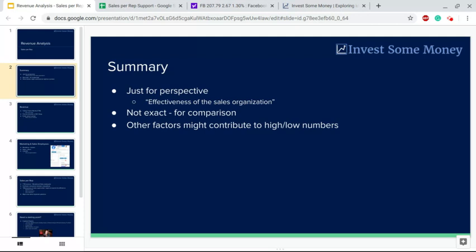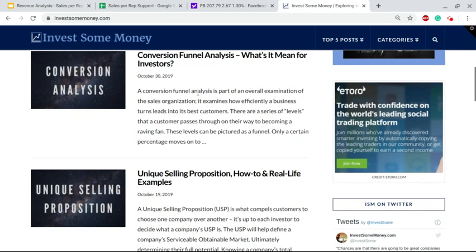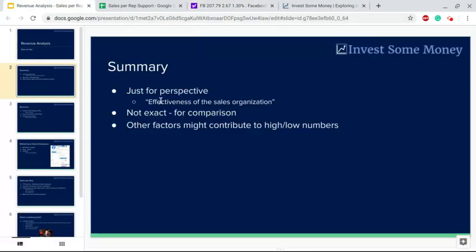But from the sales growth, the sales target, looking at conversion analysis, unique selling propositions, all that stuff that analyzed the sales organization, while all good information and worth thinking about, nothing really summed up the effectiveness of the sales organization, quote from Philip Fisher's point, quite like sales per rep. I mean, that's just it. How much in sales does each representative in the company make?